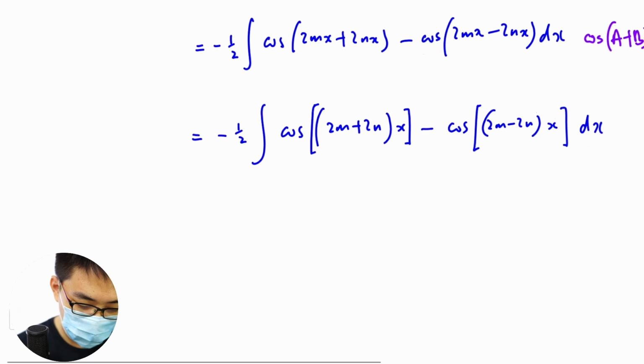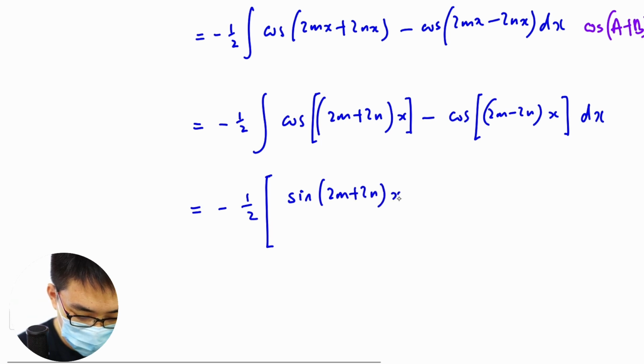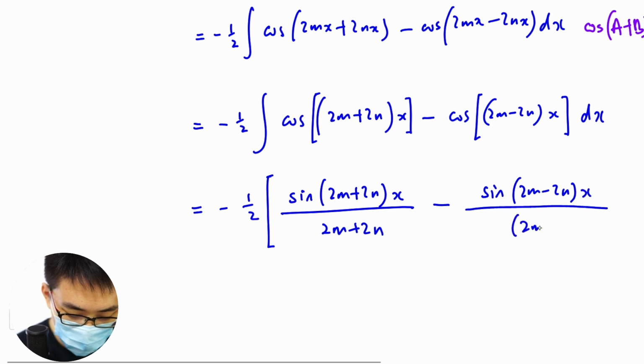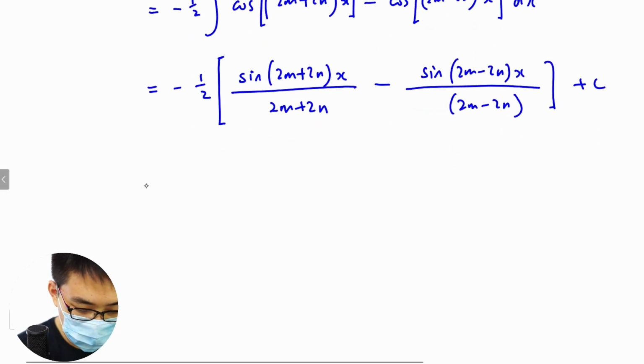Minus half. You divide by the coefficient of x. So 2m minus 2n, plus c. I think you can just leave it like that.